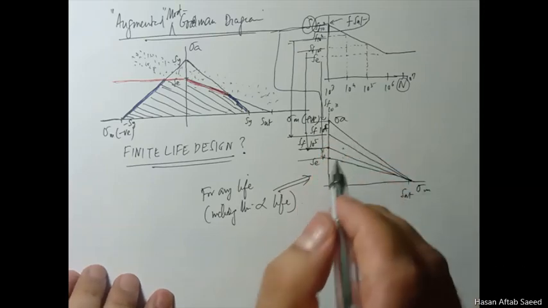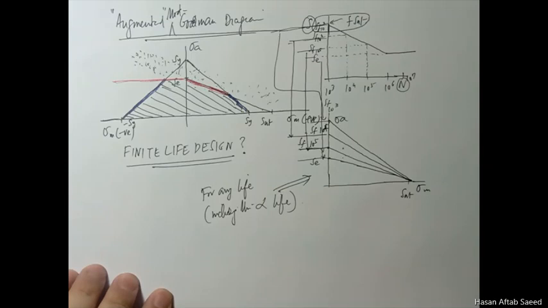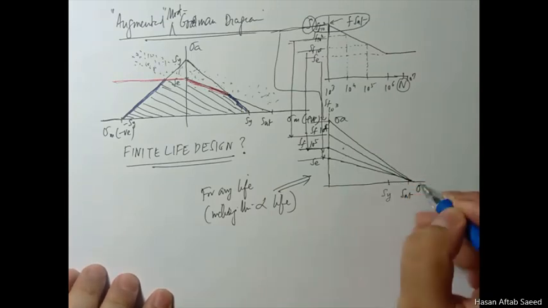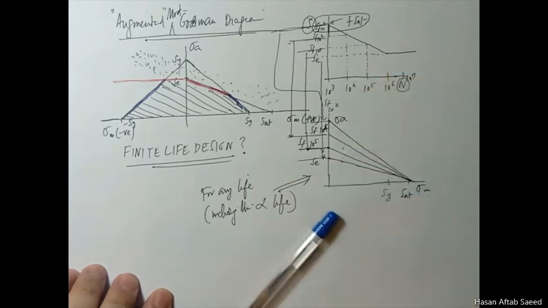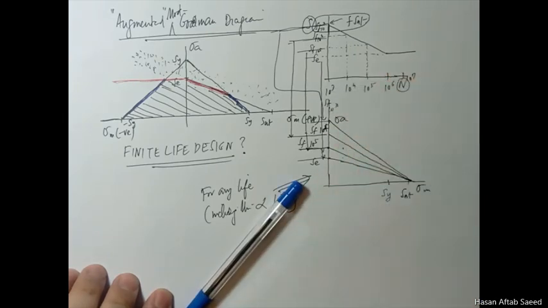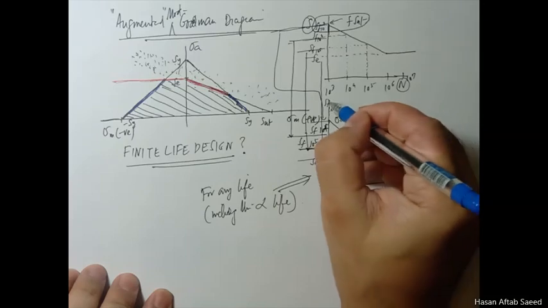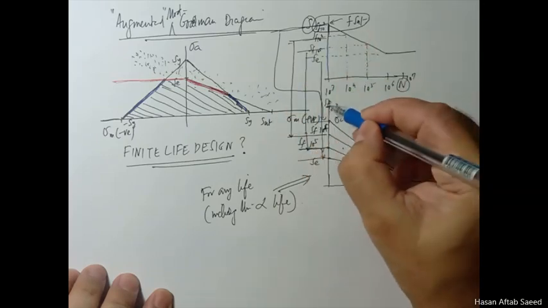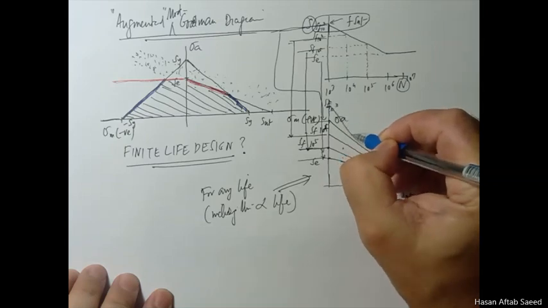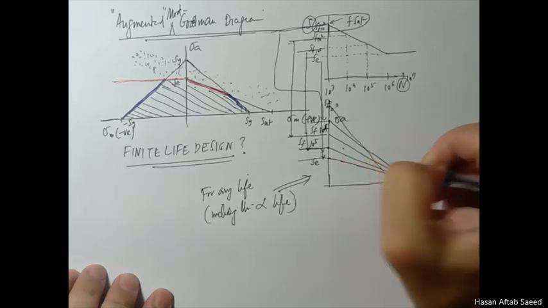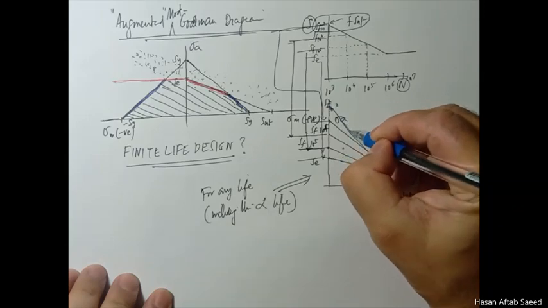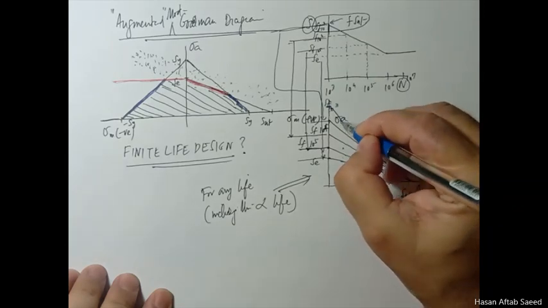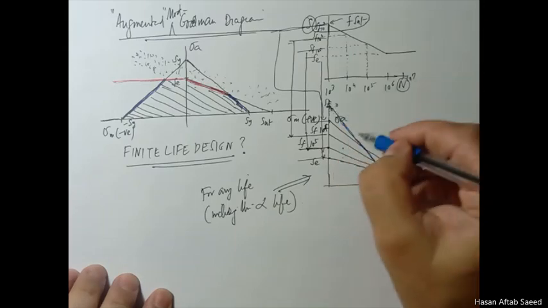But here again, you need to be very careful that you still have to draw the Langer line here too, because here again you have a danger of something that may be alright as far as fatigue is concerned. Langer line.